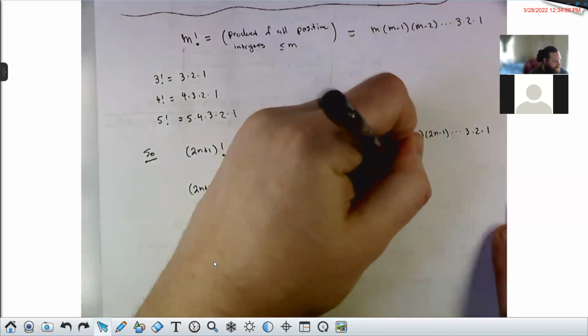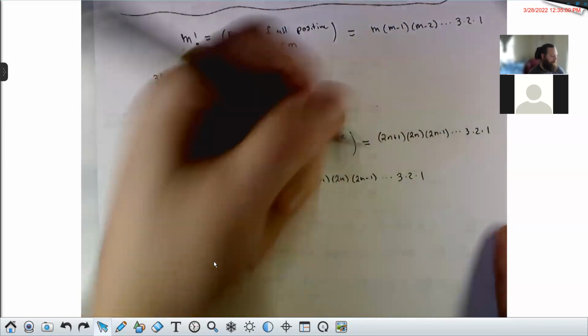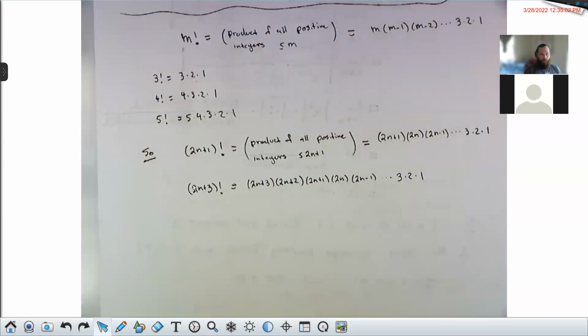But you're going to continue this until you get down to 3 times 2 times 1. So you see, if I divide this by this, these two terms will be left, but this whole string here cancels. Kind of think of it like dividing 3 factorial by 5 factorial. The 3 times 2 times 1 would cancel with the 3 times 2 times 1 in the 3 factorial, and all that would live is 5 times 4. What's that? 5 times 4.